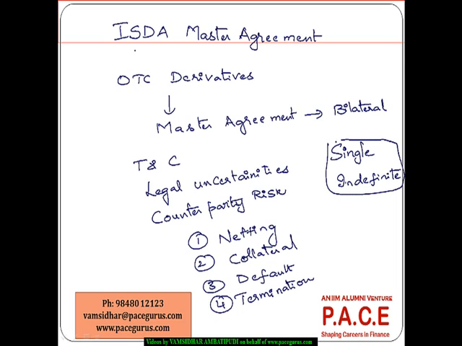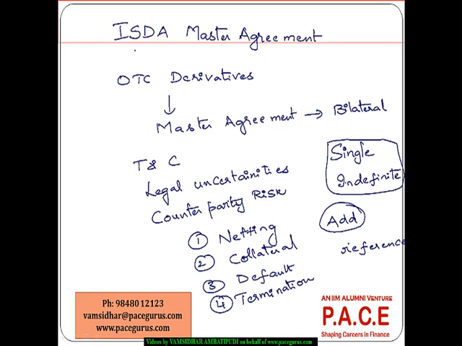And I can simply keep adding the transactions to this one single master itself. So individual transactions I am simply incorporating by reference into that ISDA, which means I really don't need to update or change any aspect of the ISDA agreement, and the trading keeps occurring.